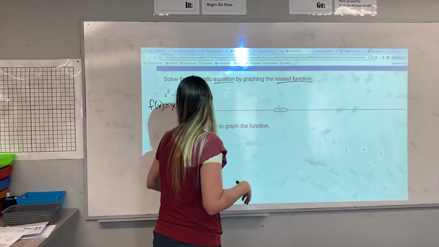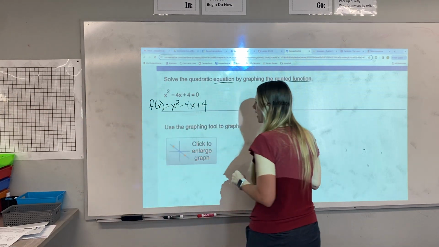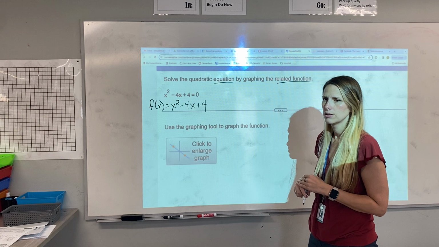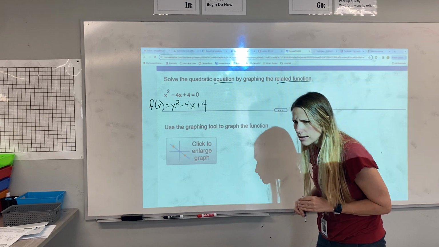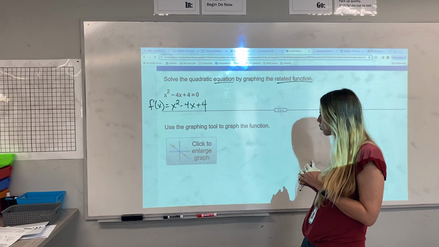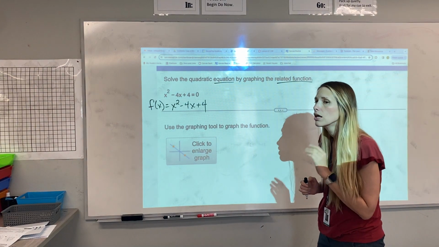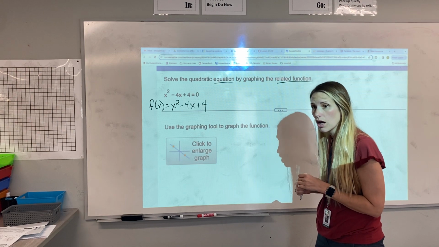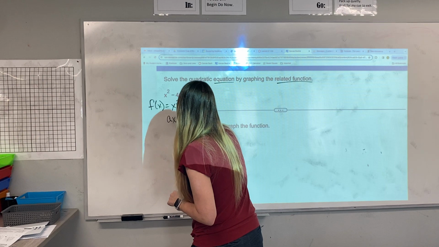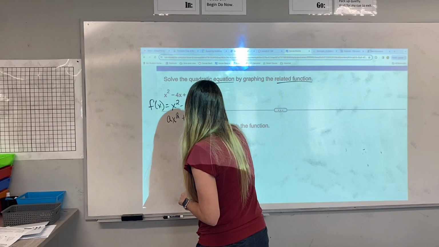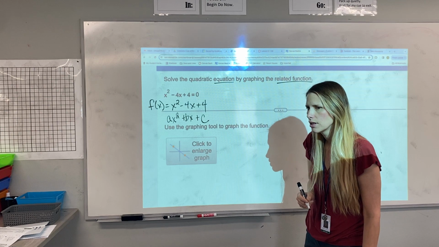Okay. So I'm going to graph it on here. What is my y-intercept? Why negative 4? Because if you do ax squared plus bx plus c, which term is our y-intercept?